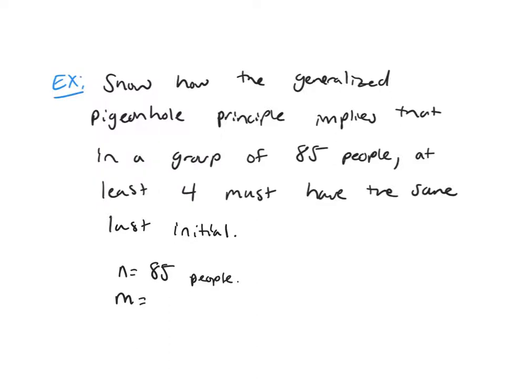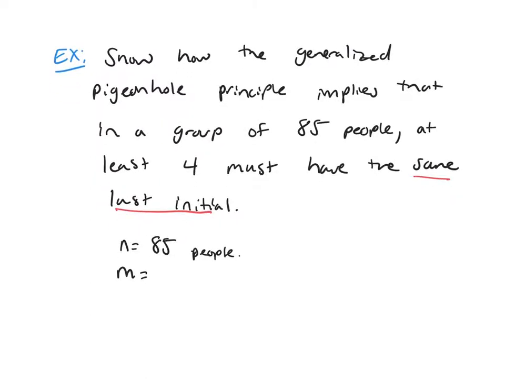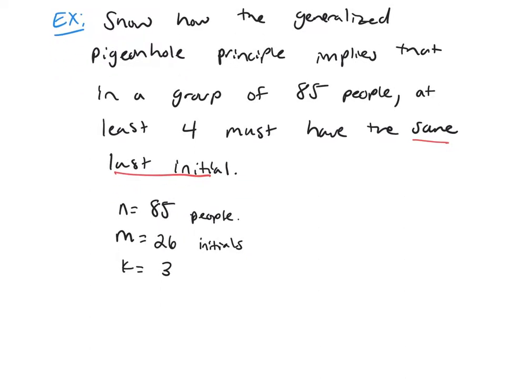So here, if you look back, I'm looking at them having the same last initial. So there are 26 different possible initials. So those would represent our pigeonholes. And then K here, you're trying to show that it has at least 4. So K would be 3. Because remember, the statement in the pigeonhole principle is K plus 1.